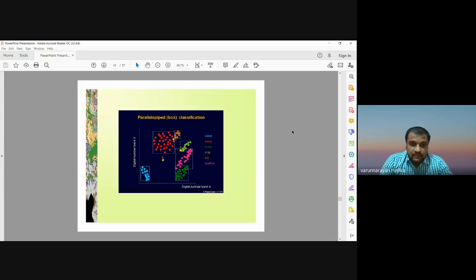This is the parallelepiped box. This is the way in which we can define a boundary for each class: water, urban, forest, crop, soil, and another class. So a parallelepiped is a kind of box surrounding the pixels of a particular class, and on the basis of that box, we can perform the classification using the parallelepiped classification algorithm.